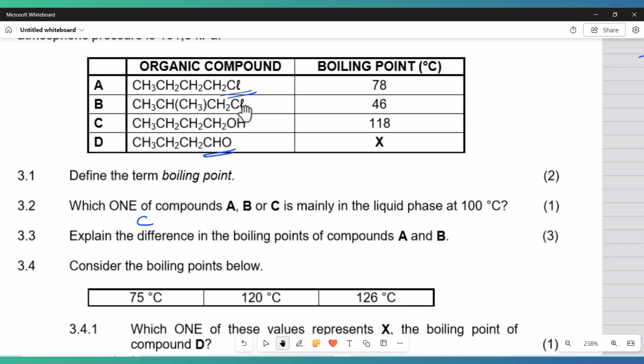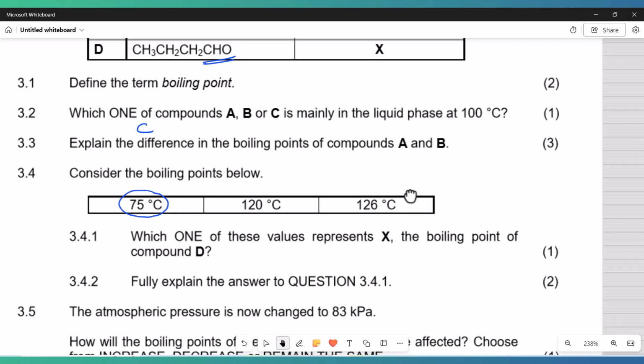Because of that, our answer here must be 75, because the aldehydes have weaker forces as compared to the forces in alkanes. So the answer is 75. Then here, explain your answer to question 3.4.1.